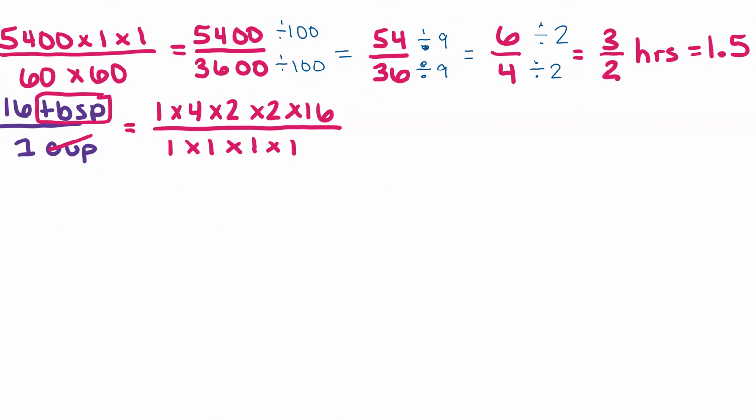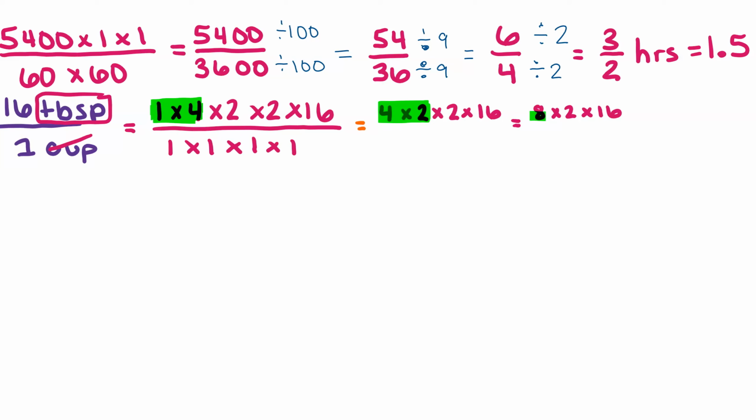When you're multiplying several things in a row, you just start from the left and move to the right. So 1 times 4 makes 4. Now again, I'm going to write out all of these steps, but you may not need to write them if you understand how to do it. So now I need to do 4 times 2, and that will make 8. So I have 8 times 2 times 16.